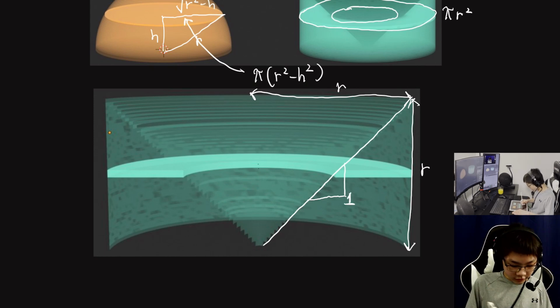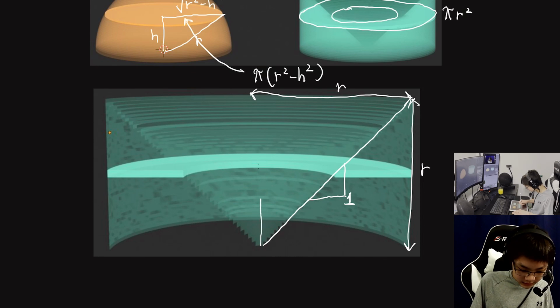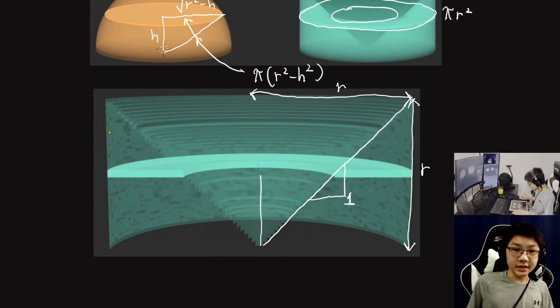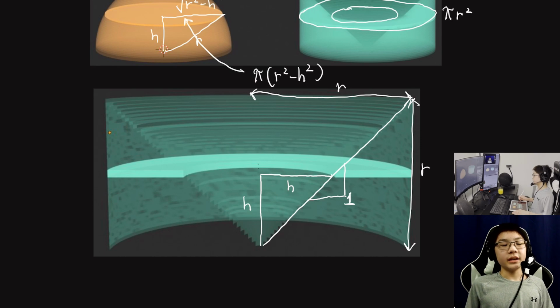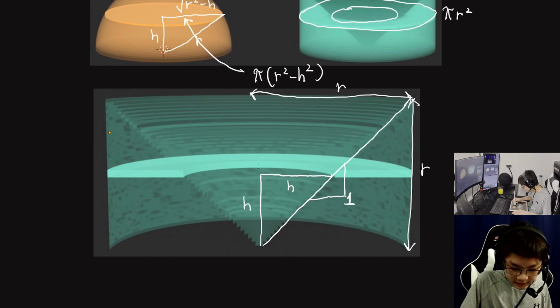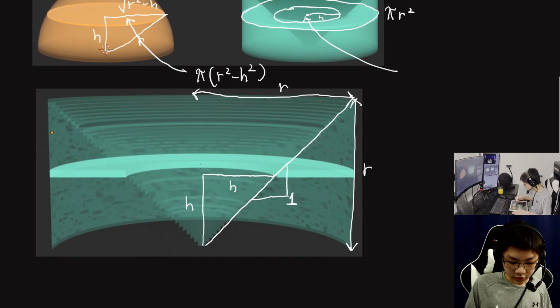And therefore, if we go up from the apex by, let's say, a height of h, that means that we go horizontally by h. And that's going to be the radius of the inner slice. So the radius here is going to be h. So therefore, the area of this slice is going to be pi h squared.